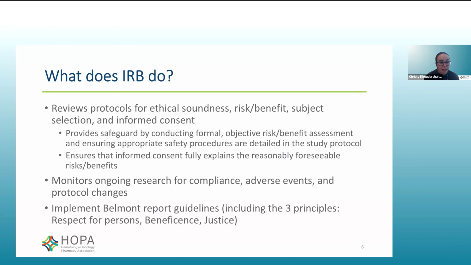They also ensure that consents are very explicit in terms of setting reasonable and foreseeable expectations when it comes to the risks and the benefits of partaking in research. They also ensure that ongoing research is compliant. If any adverse events or incidences occur, they must be reported, and if protocol changes occur, they also have to be vetted by the IRB.